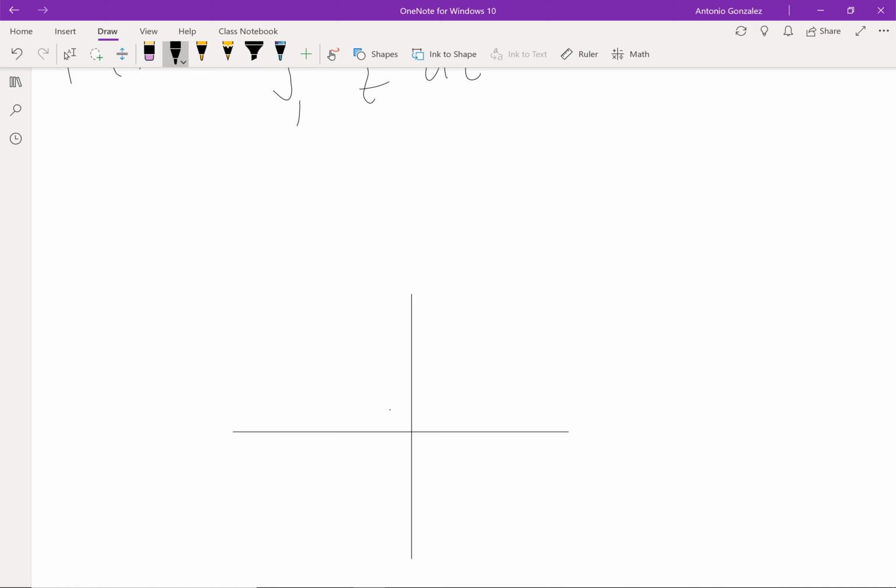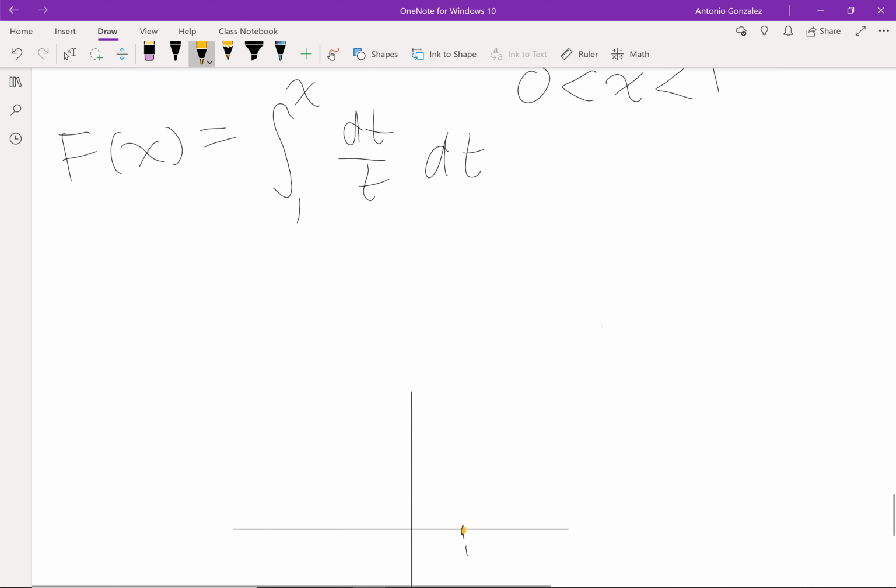So far I know one point on this graph: when x is 1, the value of the function is 0. So that is the x-intercept. To the left of 1, but before 0, it is negative, so it goes down below the x-axis. And to the right of 1, it is positive, so above the x-axis.